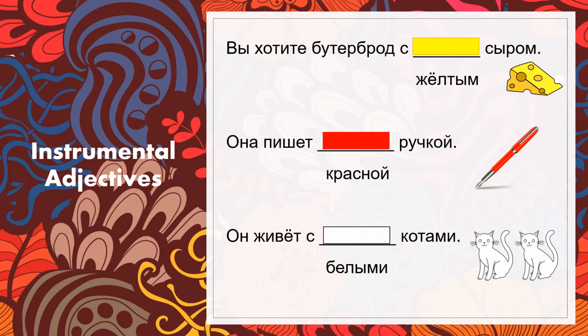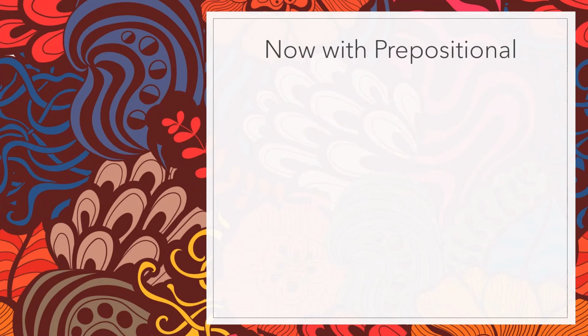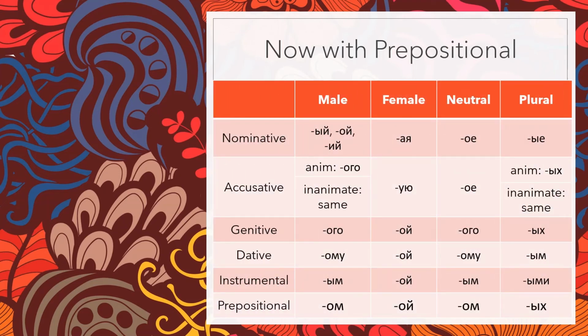But if you've done all that already, it's time for our last noun case, or adjective case in this situation, prepositional. Okay, so for the prepositional case, if the object is male or neutral, it ends in om. For female, oi. For plural, ich.